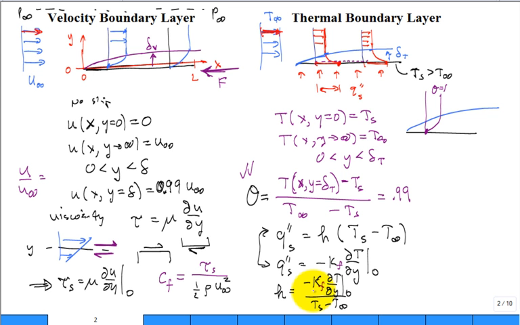So that gives us a mechanism. If you want, you can rewrite this to be H is equal to K sub F, the thermal conductivity of the fluid, times the rate of change of theta with respect to y at the surface, y equal to 0. It gets rid of that negative sign.